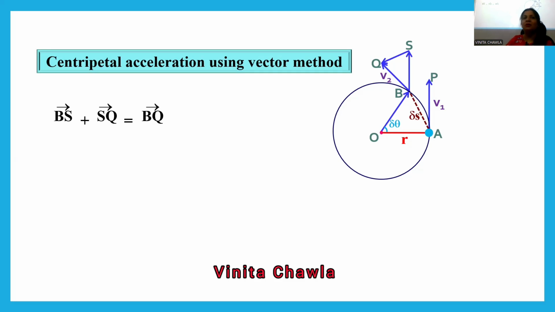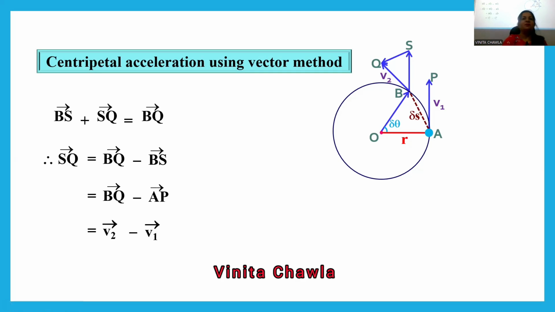Right? This is the triangle law of vector addition. Vector BS plus SQ: you can see the end, the head of BS, coincides with the tail of SQ. So they are in the same order, while this BQ represents the resultant vector. So we can write SQ as BQ minus BS, and BS and AP are parallel, so we can write AP in place of BS.